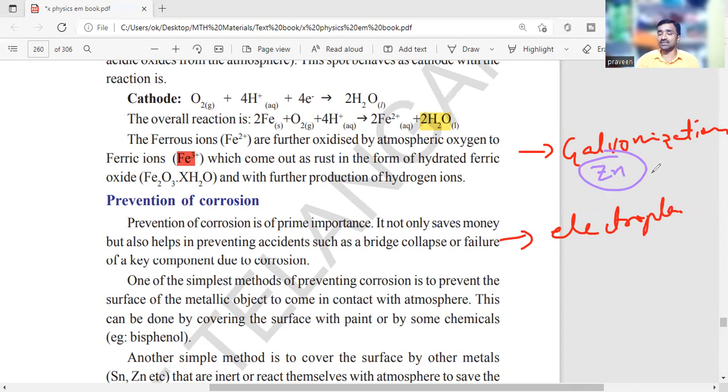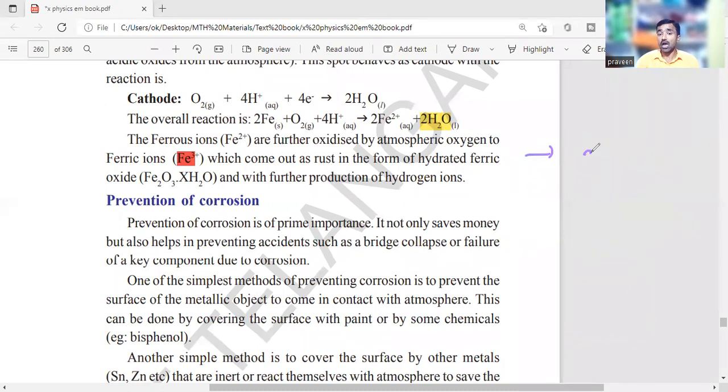Zinc is coated as a layer on the metals, so it can avoid contact with the air. Then one more is electroplating, which is an electrolysis process. A least reactive metal will be displaced and coated as a layer on other metals.